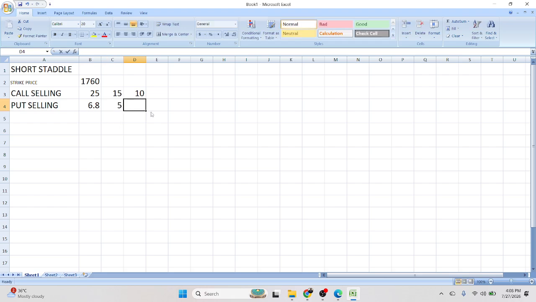So we can make it 7 to 5. Here you can see the put price also decreased, it became 5 from 7. So we can make a profit of 2 points here as well. 10 plus 2 equals 12. We can make a 12 point profit.